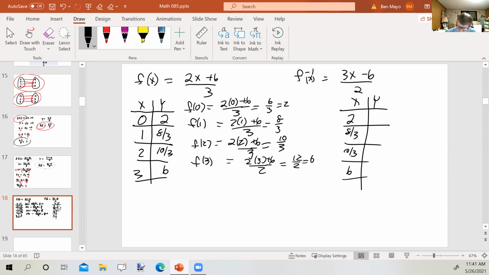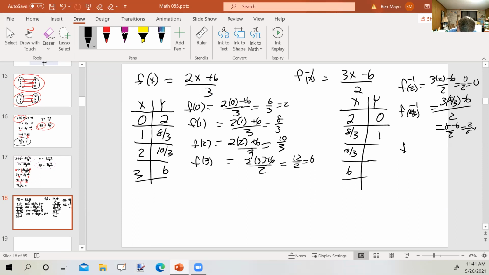Okay, so f inverse of 2 would be 3 times 2 minus 6 over 2, which is 0 over 2, which is 0. f inverse of 8/3 would be 3 times 8/3 minus 6 over 2, which is 8 minus 6 over 2, which is 2 over 2, which is 1. f inverse of 10/3 is 3 times 10/3 minus 6 all over 2, which is 10 minus 6 over 2, or 4 over 2, or 2.